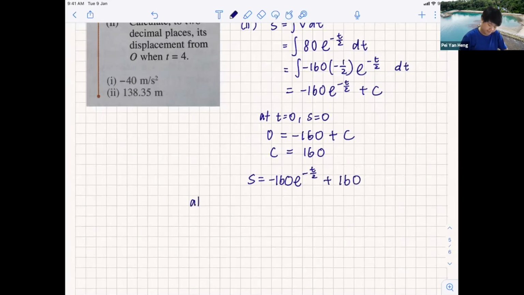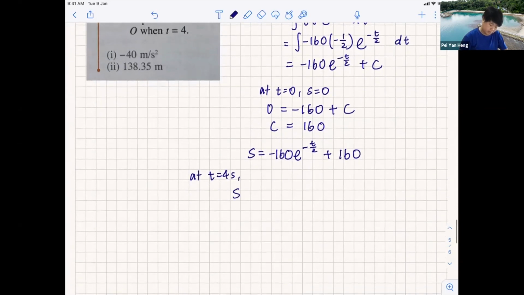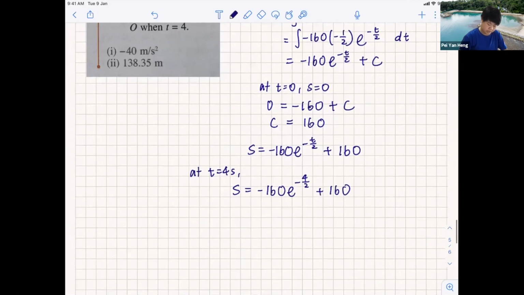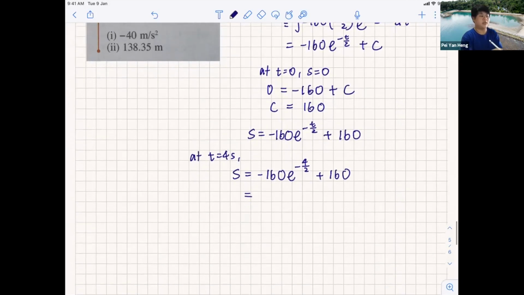Okay, so my displacement formula would be s equals minus 160 e to the power minus t over 2 plus 160. And at t equals 4, we will have s equals minus 160 e to the power minus 4 over 2 plus 160. So this, you just press your calculator.